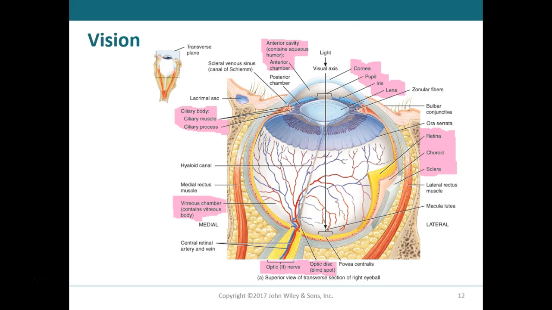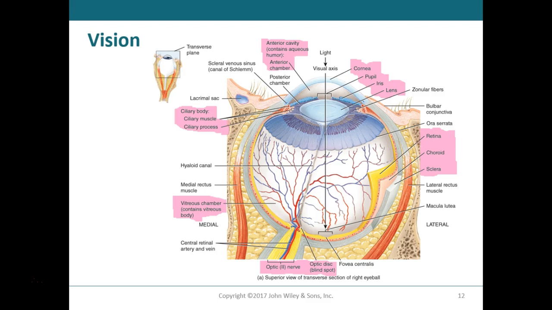The detachment usually occurs between the neural layer and the pigmented layer of the retina, and that allows fluids of the eyeball to accumulate between these layers and forces the retina to push outward. This results in the light rays coming in not being focused properly on the retina and can give us distorted vision and perhaps even blindness in that particular field of vision.